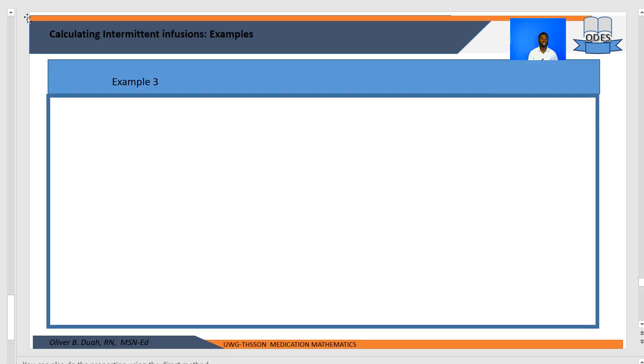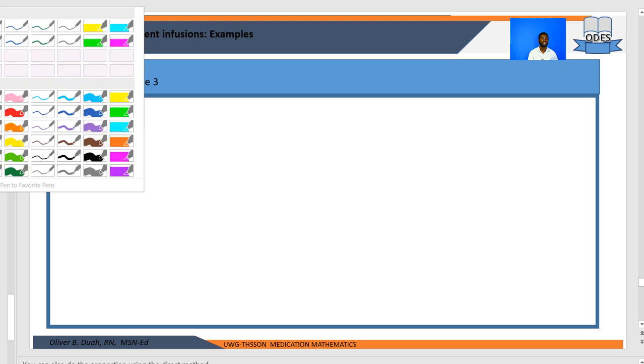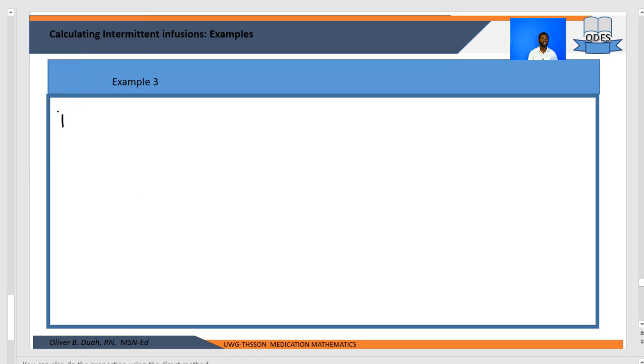Okay, and so first of all, always make sure you write your variables. So we have our rate, which is 125 ml per hour. And then we know our time, which is 8 hours.